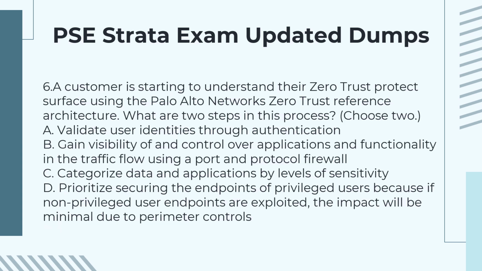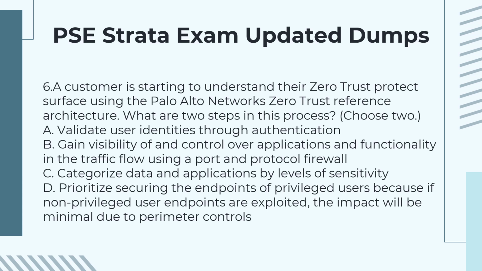6. A customer is starting to understand their Zero Trust Protect surface using the Palo Alto Networks Zero Trust Reference Architecture. What are 2 steps in this process? Choose 2. A. Validate user identities through authentication.